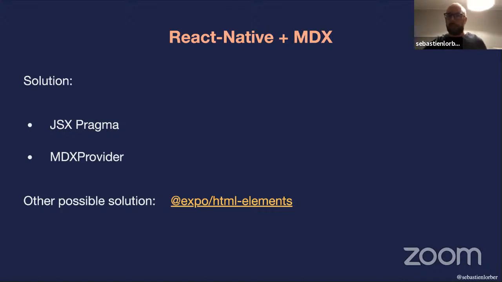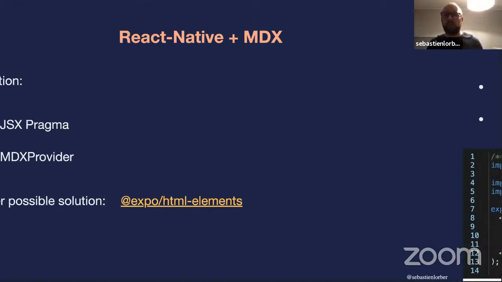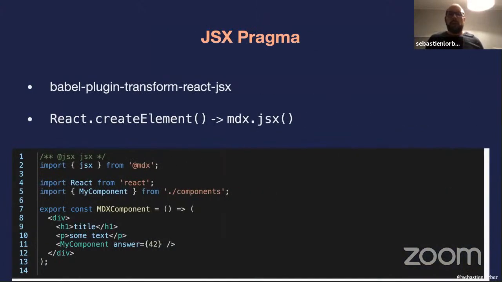So let's see how the JSX pragma works. In the Babel plugin that transforms JSX to JS, there is an option that you can use that is the JSX pragma. So basically, you have an opportunity to tell the Babel transpiler to use something else than the React createElement calls that are done by default.